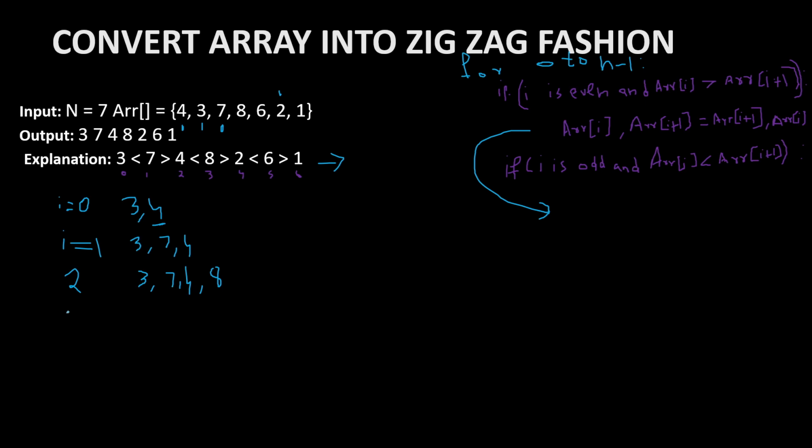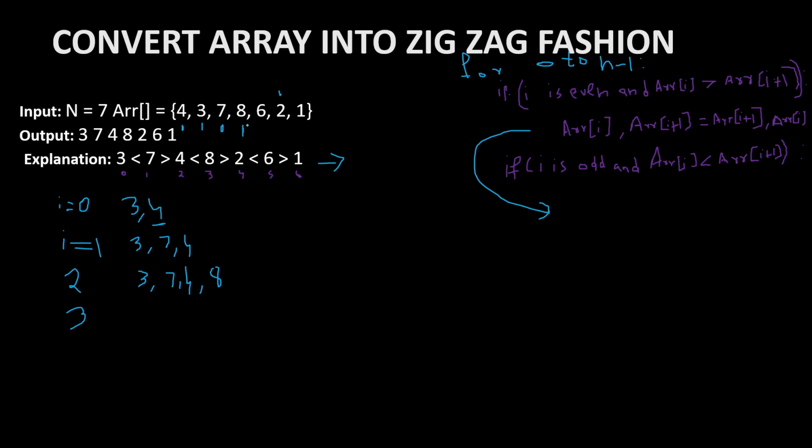Now it's the third iteration, I mean the third index, when i equals 3. Now 3 is odd. At odd we have to check whether the current value is smaller than the right side value or not. The current value at this position is 8.